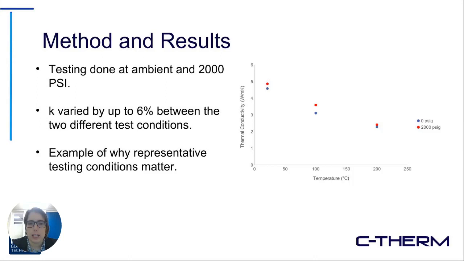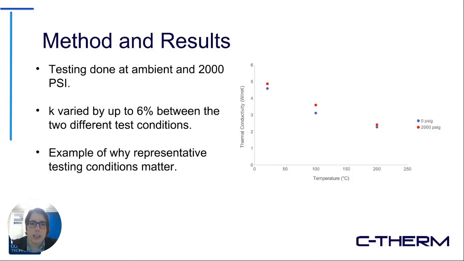So this is looking at kind of an oil sand type of core material. The red line is under 2000 gauge pressure of gas, and the blue data set is basically ambient pressure.